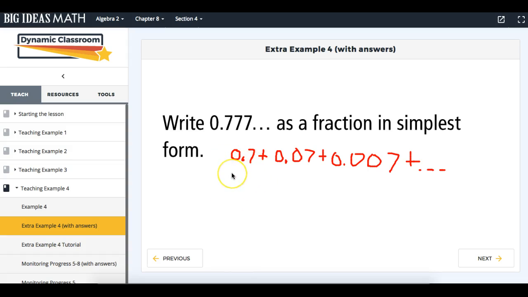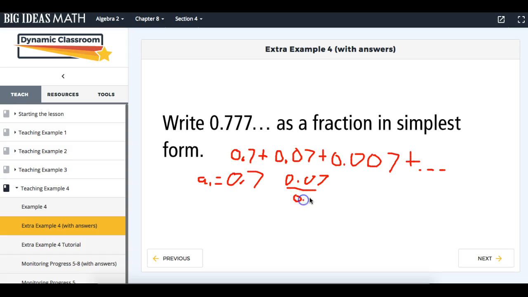The next thing we do is figure out what A1 and R are. To figure out A1, we just take our first term. So A1 equals 0.7. That's our first term. And we figure out what R is. R is just 0.07 over 0.7.